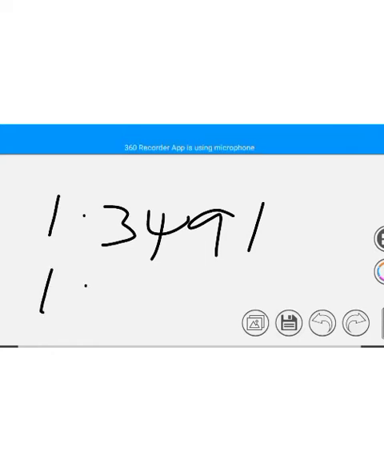In Euro USD, the current market price is 1.3491. Then the market goes down to 1.3191.